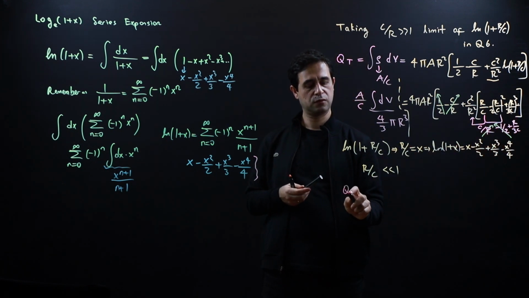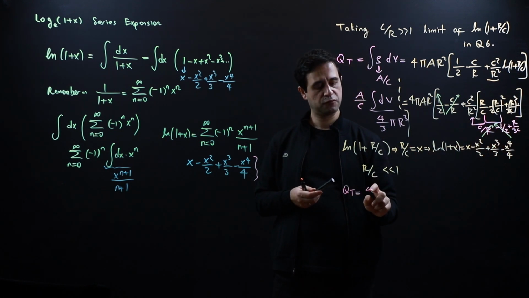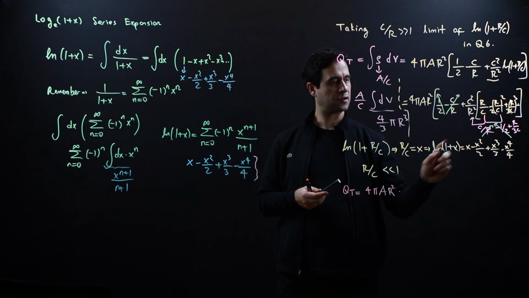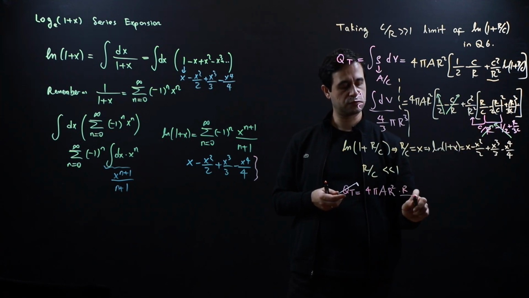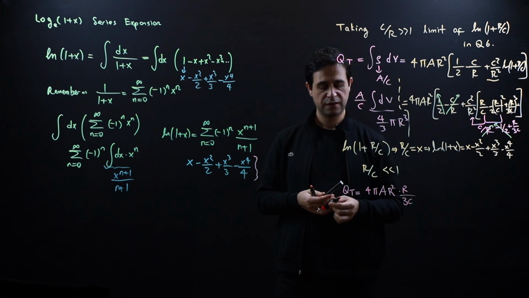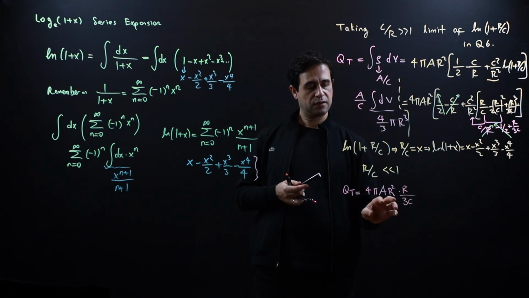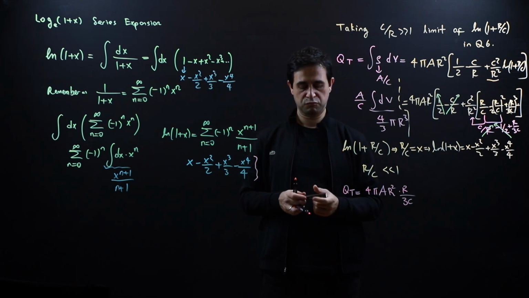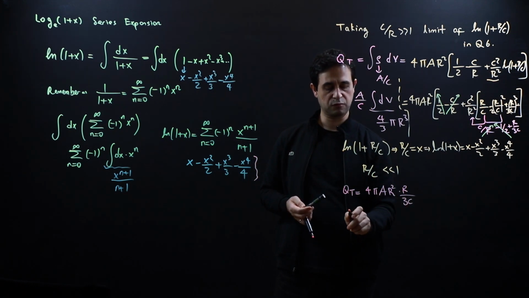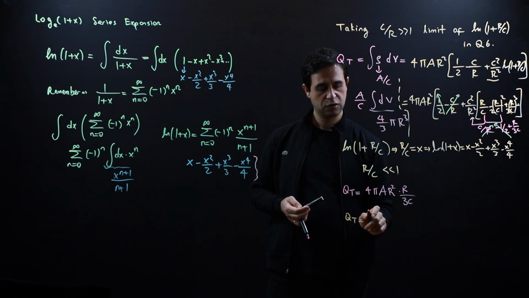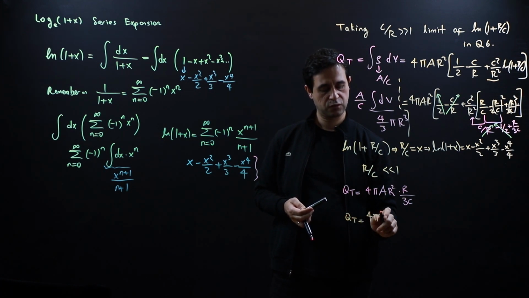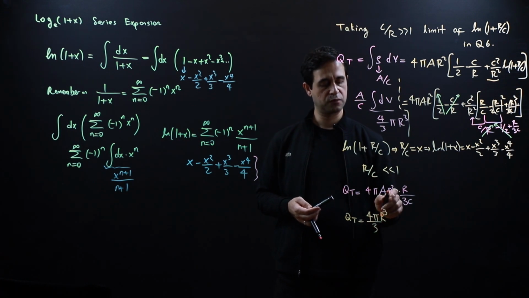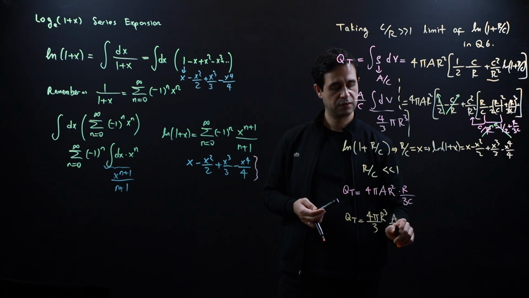So Q total becomes 4 pi a times r squared times this term, which is r over 3c. And as you can see, this is exactly the same as this term, because this is nothing but, again, let me write it, the 4 over 3 pi r cubed times a over c.